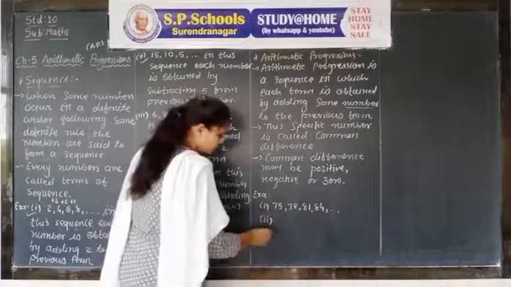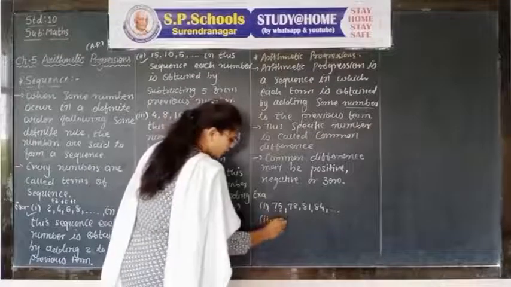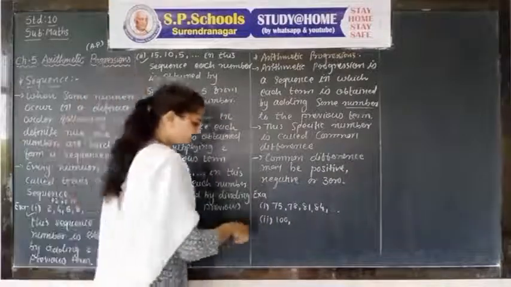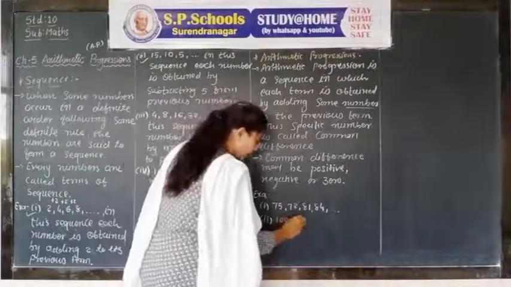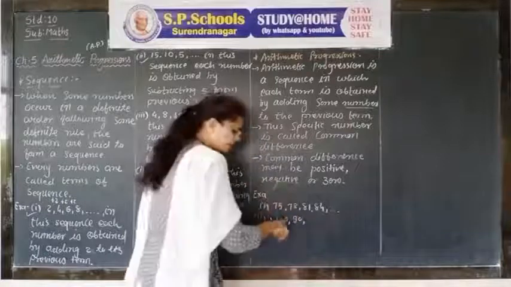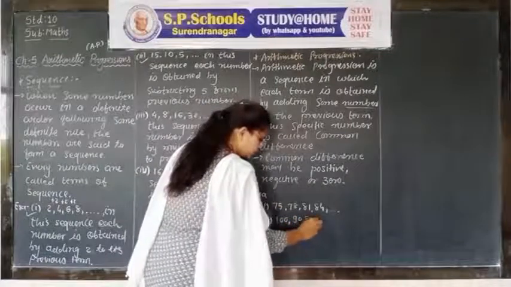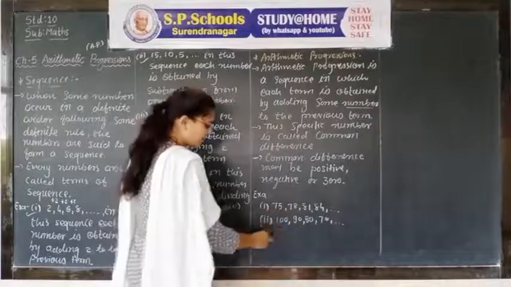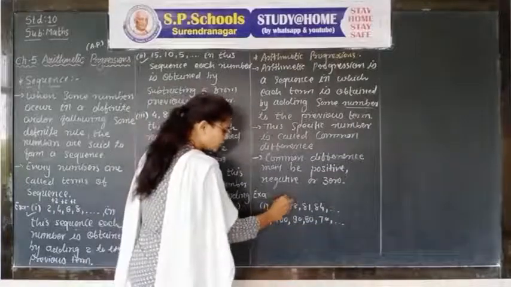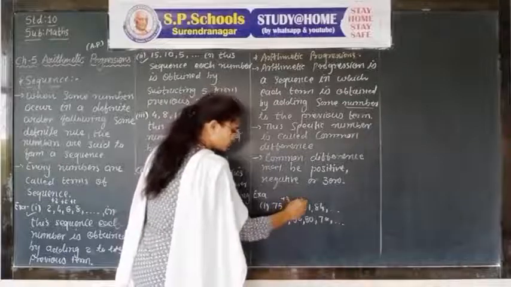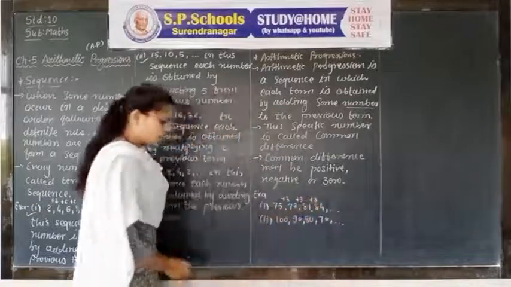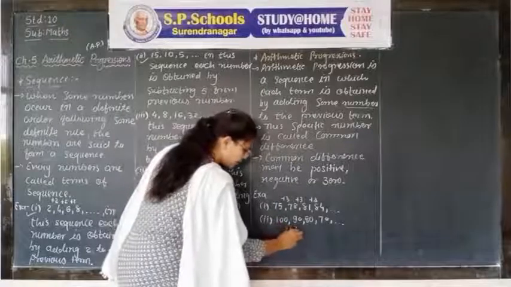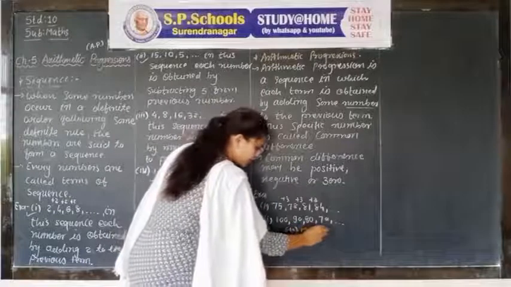Second example, suppose 100. We add minus 10 to this number and we get 90. Add again minus 10, 80. Then 70, up to infinite. In the first AP we add plus 3, plus 3, plus 3. In the second example we add minus 10, minus 10, minus 10.